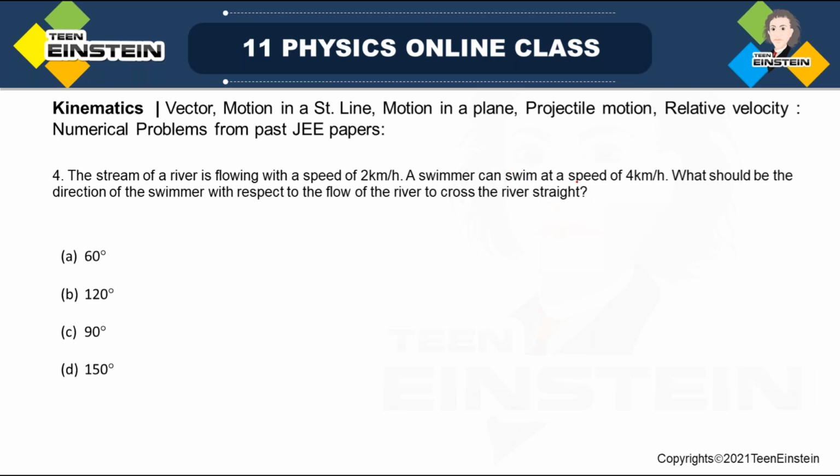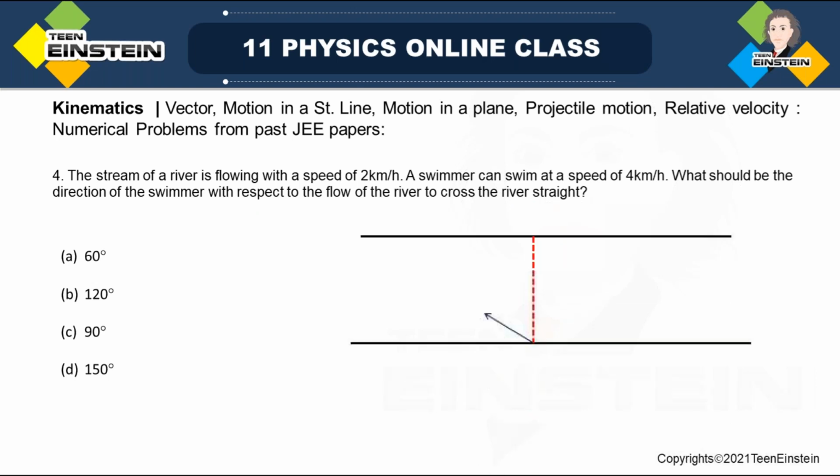A swimmer can swim at a speed 4 km per hour. Okay, what should be the direction of swimmer with respect to the flow of the river to cross the river straight? I have a figure. Let me explain you the problem itself first.